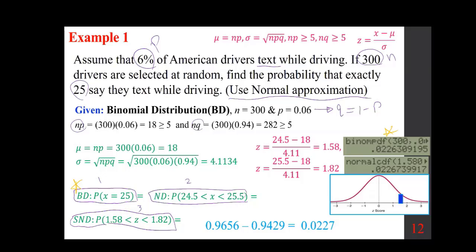And as you can see, they are close: 0.0226309195 is very close. So that's a decent approximation. That's why it's called an approximation; it's not exact. All right, I'm assuming we are okay with this. We are going to move on, class.